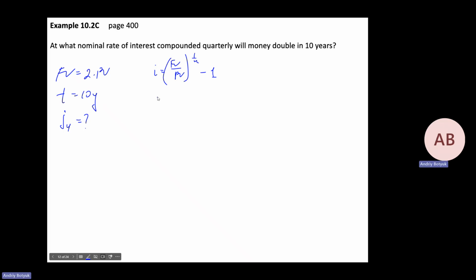I need N. So N is 10 times 4. It's 40. So I is 2 PV over PV to the power 1 over 40, minus 1. So I is 2 to the power 1 over 40. I don't need that bracket here. Minus 1. Let's calculate.